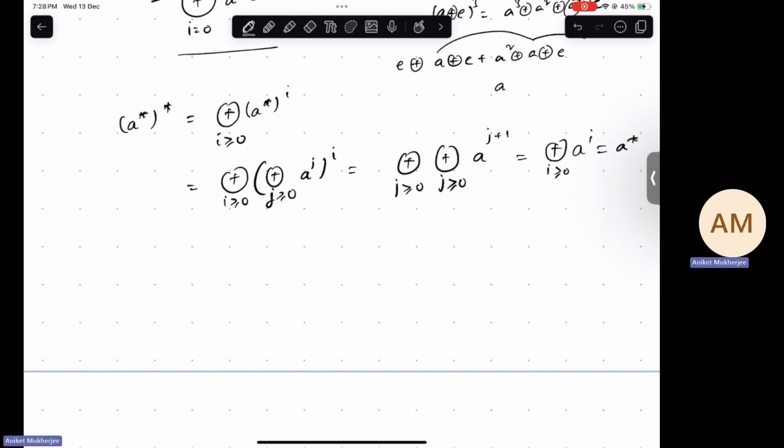Okay, next we will show the order relation A less than or equal to A plus less than or equal to A star in the dioid order, right? So, left to prove A less than or equal to A plus, and A plus less than or equal to A star in the dioid order.